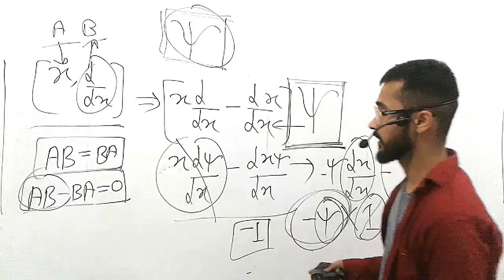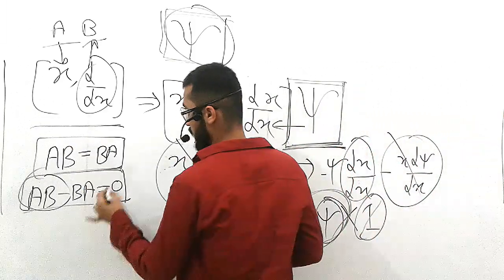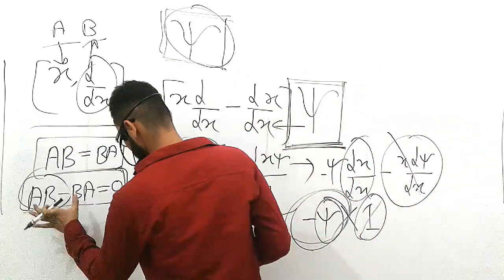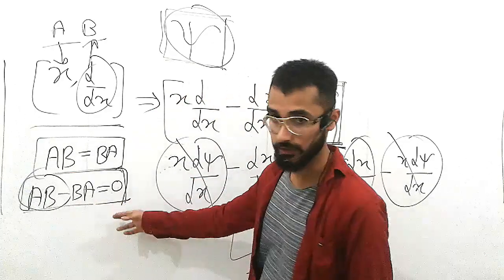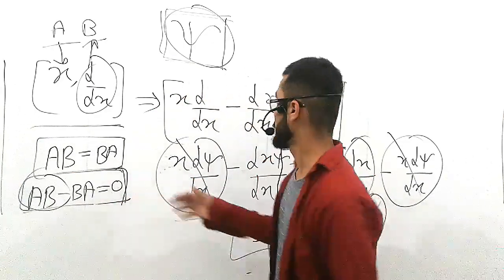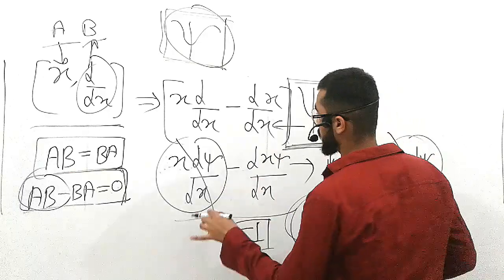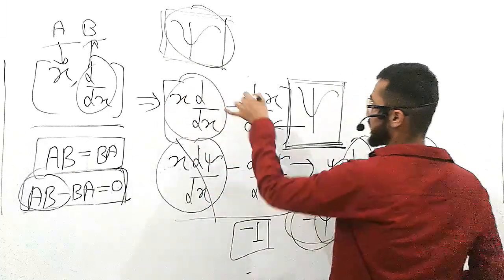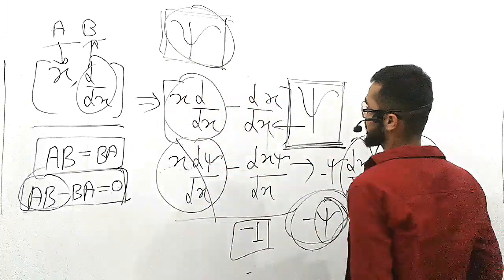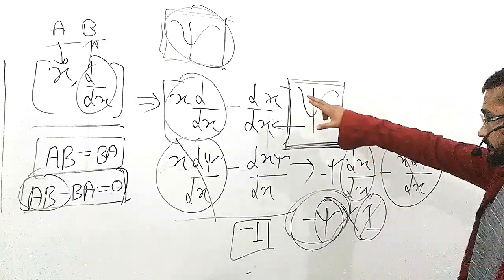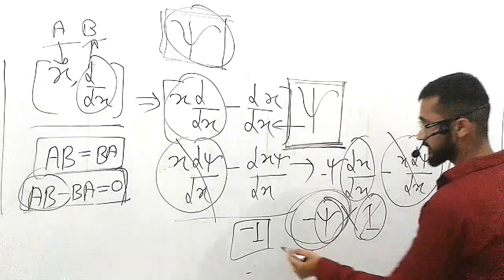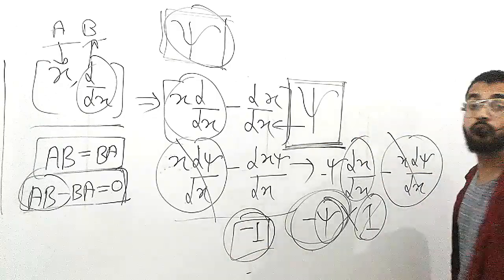Now look, what is the condition for commute operators? AB minus BA should be 0. But here when we did x d/dx minus d/dx x, the answer is minus 1.